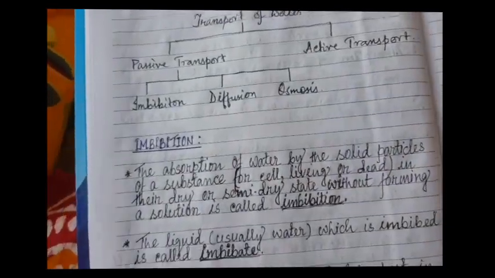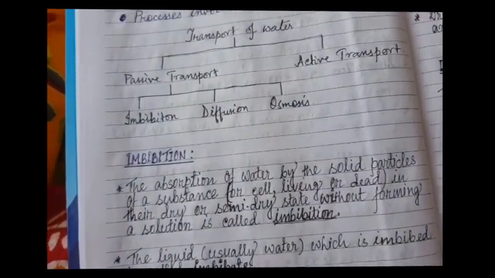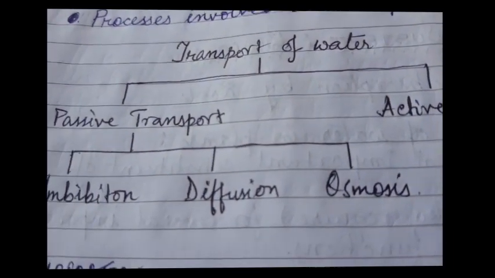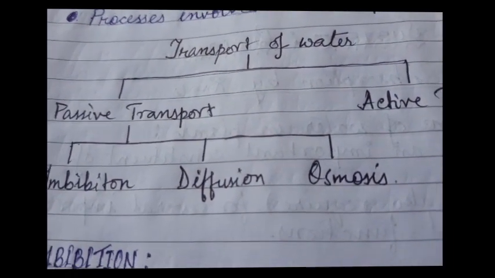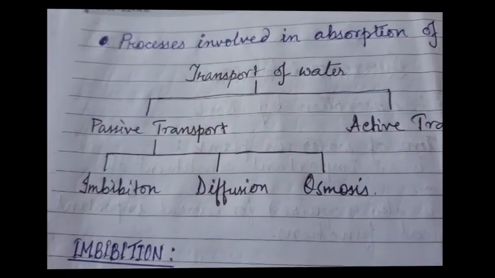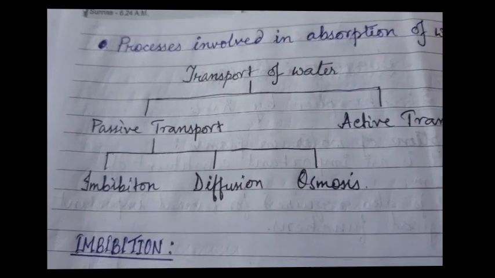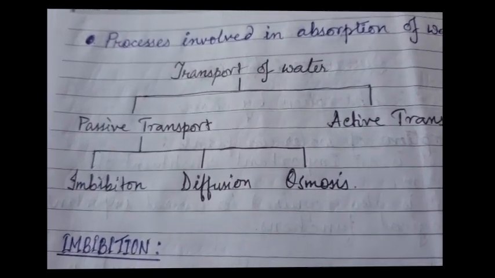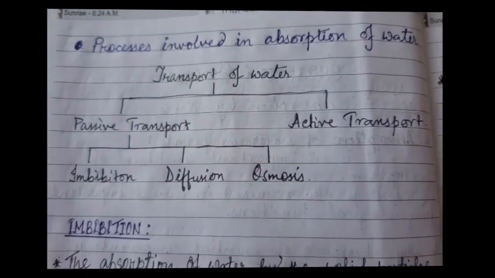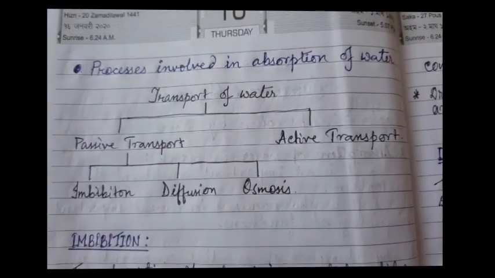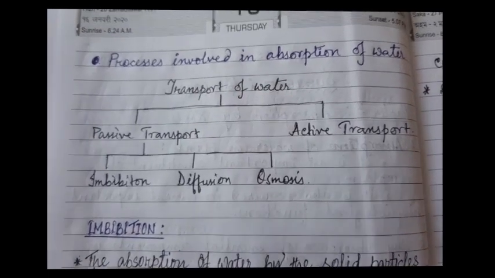Before going to the subject matter, I'd like to mention that the chapter can be well divided into two parts: the absorption by root part, consisting of the different terminologies, as well as the ascent of sap part with the mechanism of action. So let's begin with a few terminologies mentioned in the chapter.